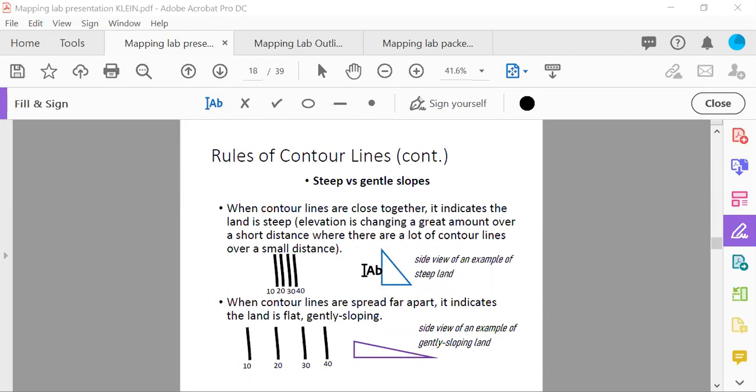So here I have a side view of an example of a steep land area, and the contour lines are very close together because you're going up in elevation pretty quickly. When contour lines are spread far apart, it indicates that the land is flat or gently sloping. So here's the side view of an example of gently sloping land, and the contour lines are spread apart.